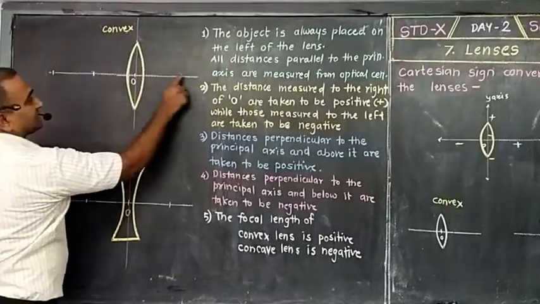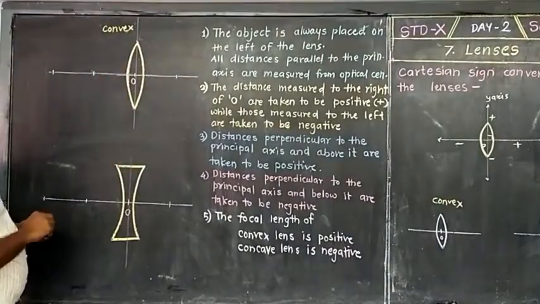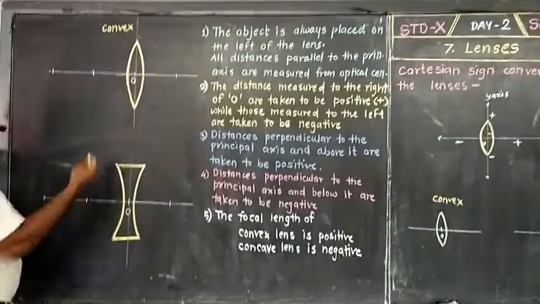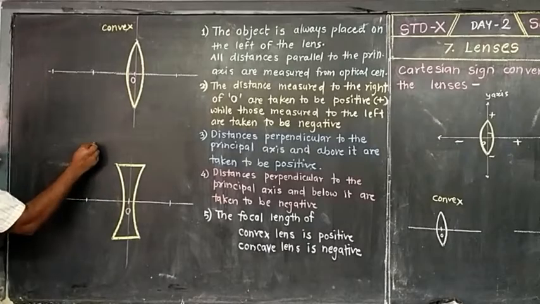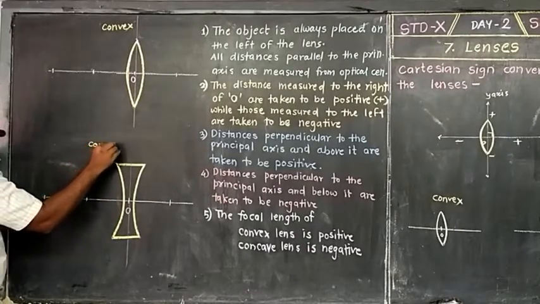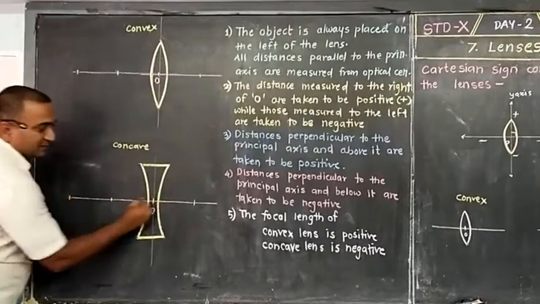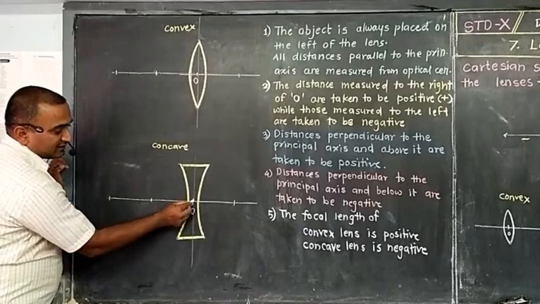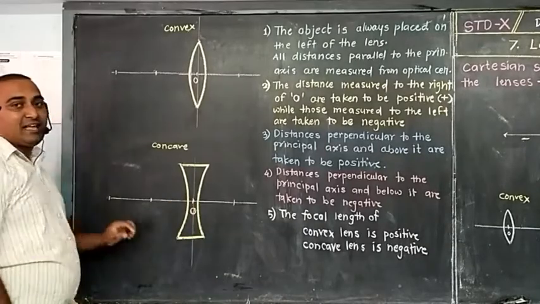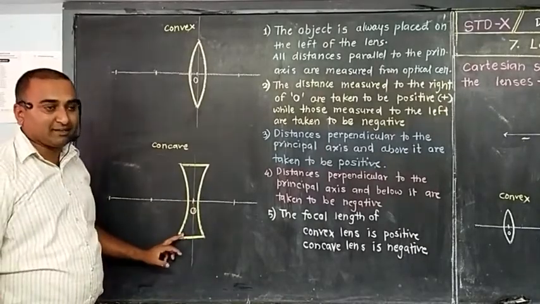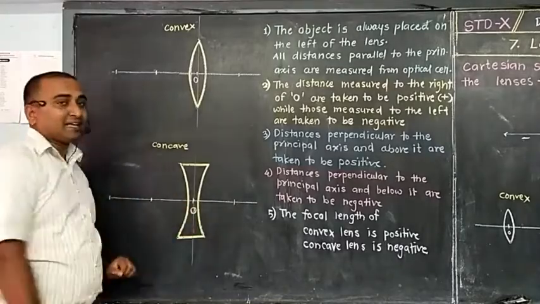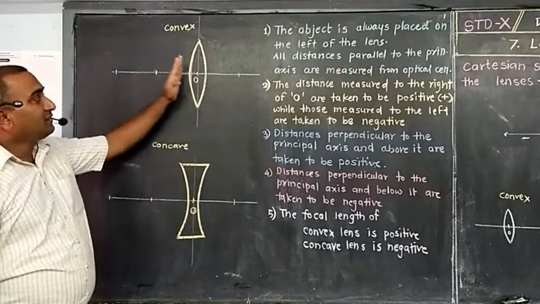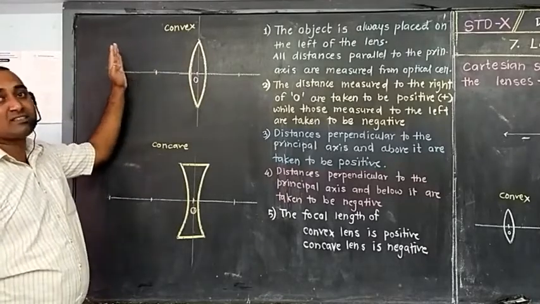This is the principal axis and the x axis of the Cartesian plane, and this is the origin and the optical center of the lens. What is true for this is true for the concave lens also. This is the principal axis as well as the x axis, and this is the optical center as well as the origin. When we consider such diagrams, we always keep the object towards the left hand side.